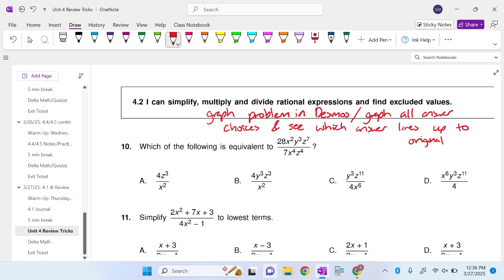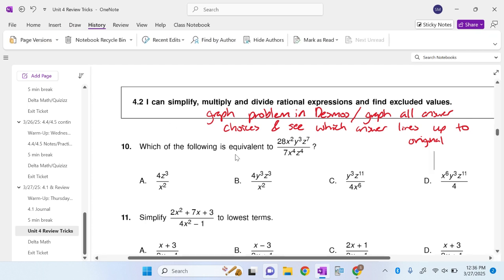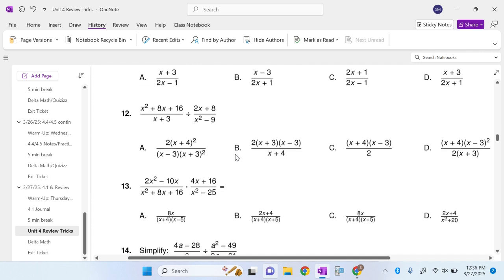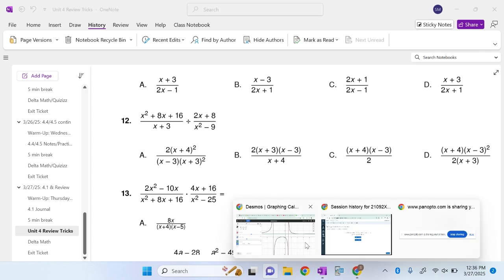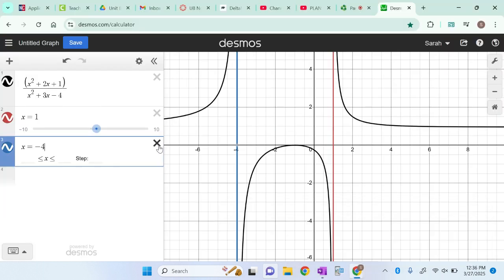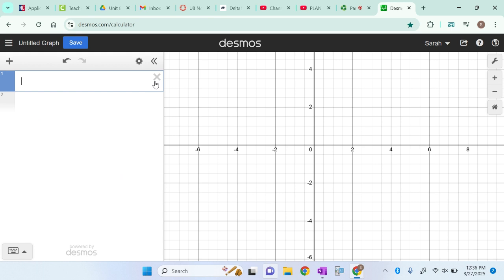All right. So let's do one that looks a little tougher. Let's do this division one. So I'm going to graph this entire problem into Desmos. This one has a lot of parentheses with it, so be careful. I'm going to completely clear out what I had in Desmos.